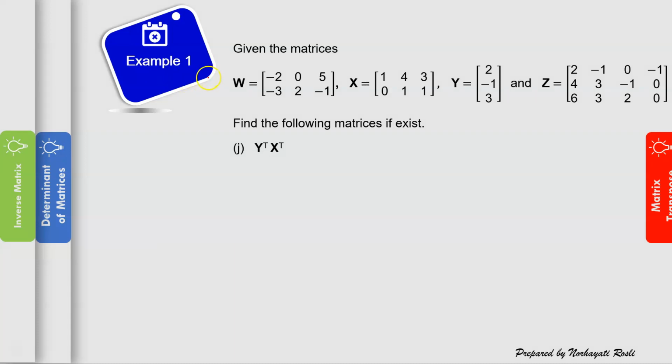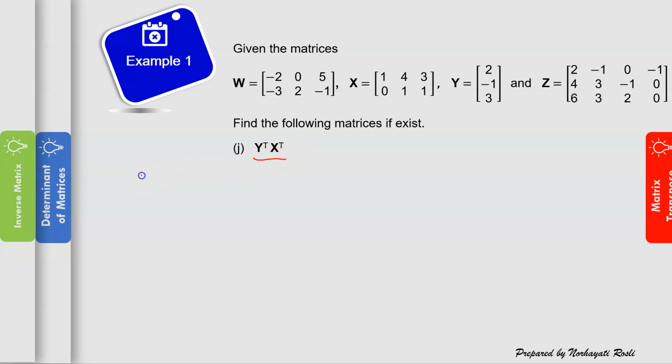Now we go to example 1J. In this case, we need to find Y^T X^T. Before we solve this multiplication of these two matrices, we need to take the transpose first.